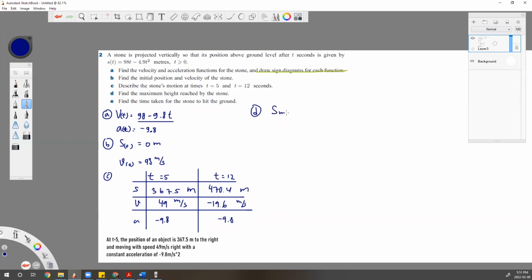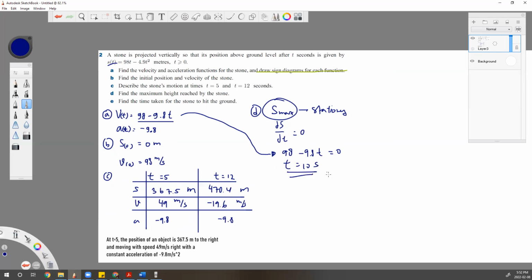B, maximum height. So at maximum, s is the height, right? Vertical projection. So s max is a stationary point. Remember? Stationary. So it means ds over dt equals 0, or v equals 0. You don't have to derive one more time because you already derived this. 98 minus 9.8t equals 0. So we can find t easily. t equals 10, right?